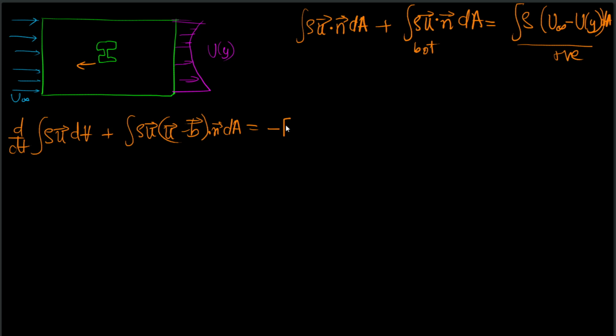So it's going to be minus Fd in the x direction. The control volume has zero velocity, it is stationary, it is not deforming, and the entire process is a steady process. So this time dependent term vanishes, this u_b vanishes, and finally we have this.